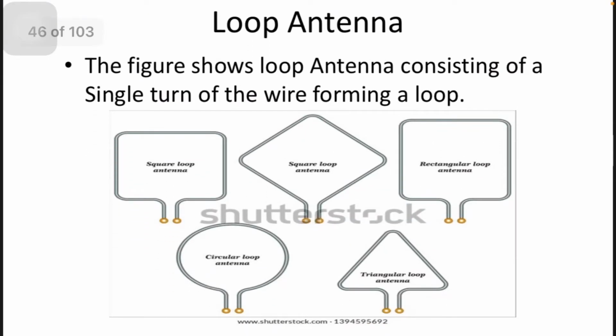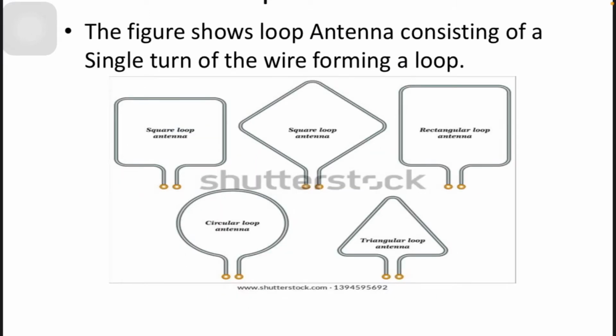And loop antenna. The figure shows a loop antenna consisting of a single turn of wire forming a loop. Here we have square loop antenna, rectangular loop antenna, circular loop antenna, and triangular loop antenna.